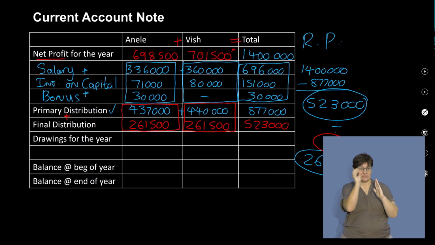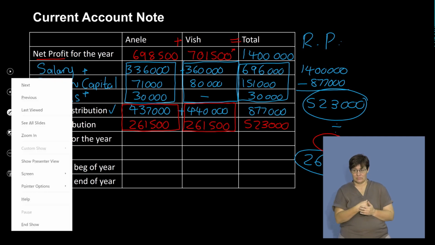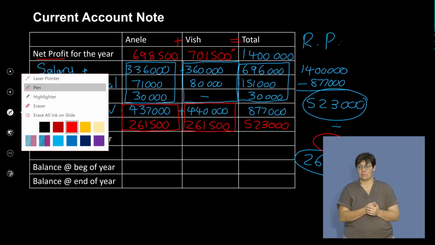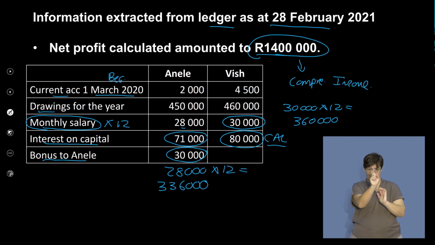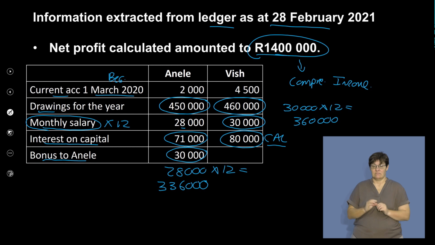So the next bit that we now need to fill in is drawings for the year. So I just want to quickly go back to my blue pen. Right, so my drawings for the year, drawings must be in brackets. So if I go back to my information, drawings for the year, Anele has taken 450,000, whereas Vish has taken 460,000.